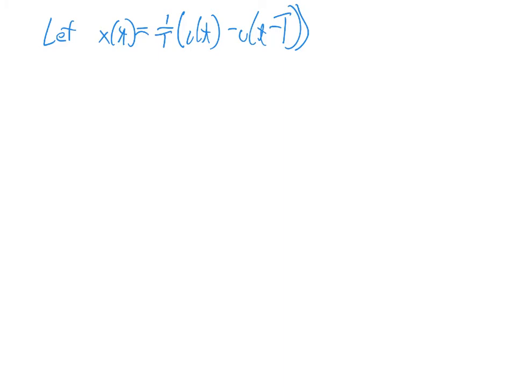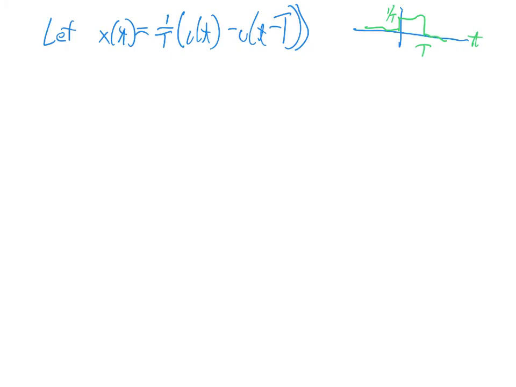Although this is capital T seconds long, I am setting the voltage to be 1 over T so that the area under this input voltage is 1 volt second. So this is a rectangular pulse starting at 0 and going for T seconds with height 1 over T. That is our input.